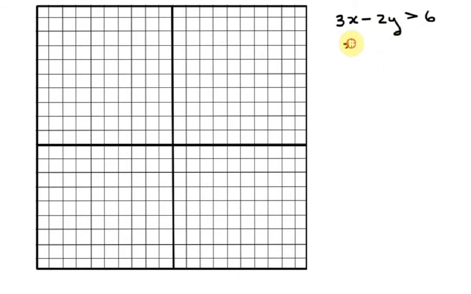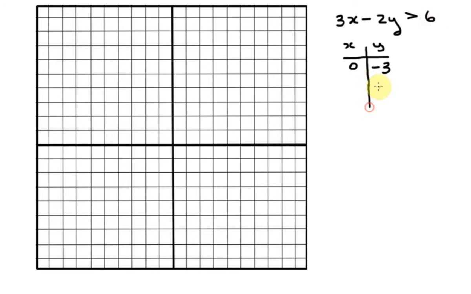So I'm going to get a couple of really nice easy points to produce the picture. If x is 0, you put a 0 in here for x, and that's going to turn the whole first term into 0. And in order to make minus 2 times y equal 6, I have to have minus 2 times minus 3, and then it equals positive 6.